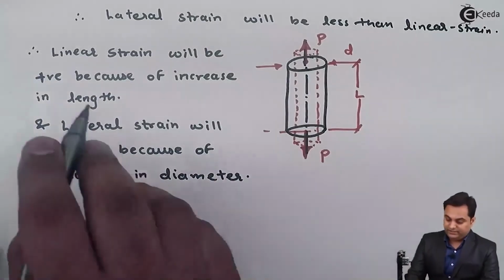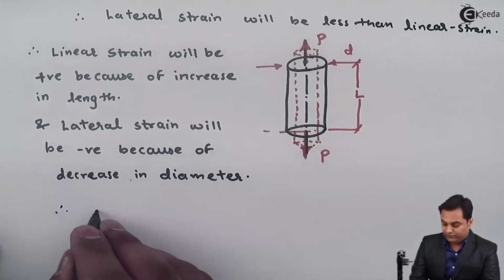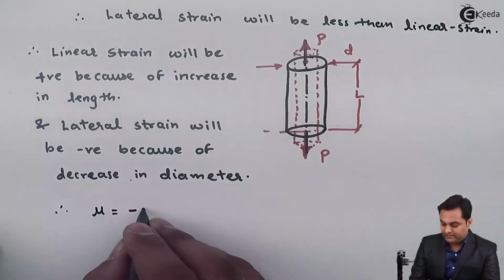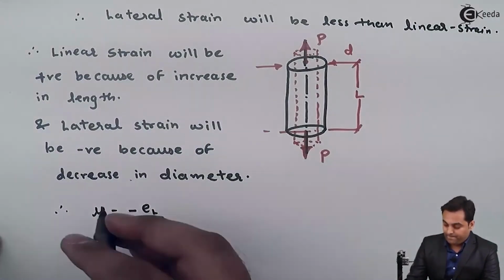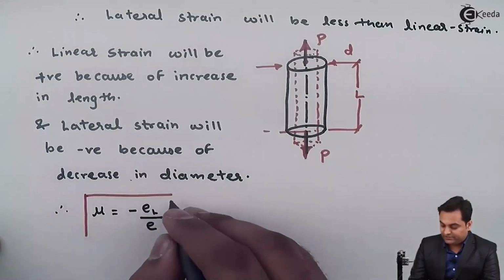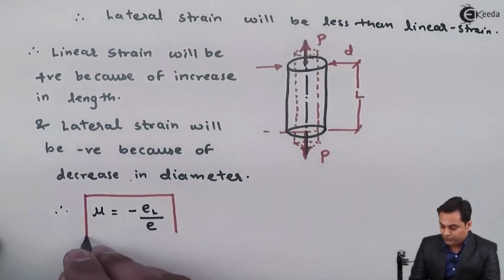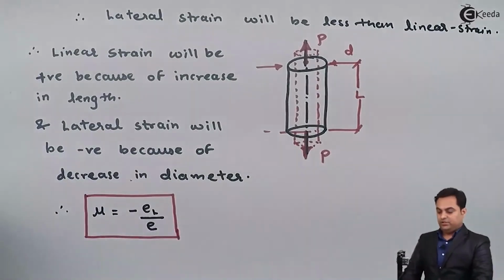So since linear strain is positive and lateral strain is negative, therefore Poisson's ratio mu will be equal to minus E suffix L upon E. That is, lateral strain is negative, linear strain positive. So mu, Poisson's ratio, is equal to negative of lateral strain upon linear strain.